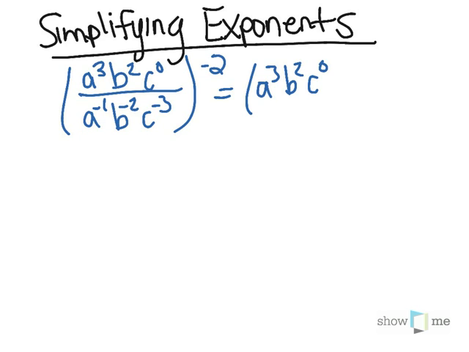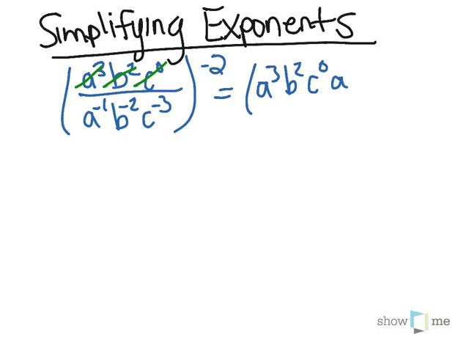Now I sometimes find it helpful to cross out the things that I've already considered and dealt with. That way I know that I don't need to go back and look at them, and it just helps me be organized. So now I come back and look at the denominator, and I see that a to the negative 1 has a negative exponent, so I'm going to bring that up to the numerator, giving it a positive exponent.